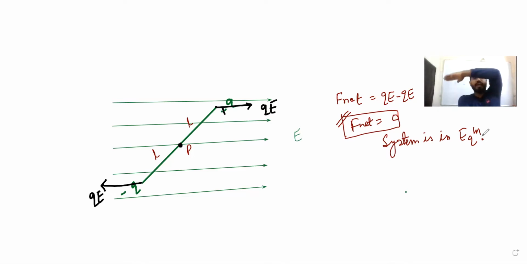This is the line of action of the force of plus qE, and this is of minus qE, right? So both are not the same. If it were like this, in the same line, then only we can say both are in the same line of action. So two equal and opposite forces are acting, but not along the same line of action, so there will be a torque about the center of mass.